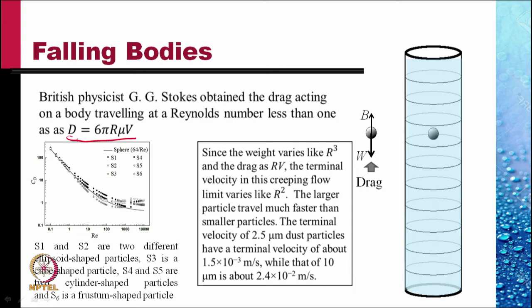While there are 10 micrometer particles, 4 times the diameter, the terminal speed is 2.4 centimeters per second compared to 1.5 millimeters per second.